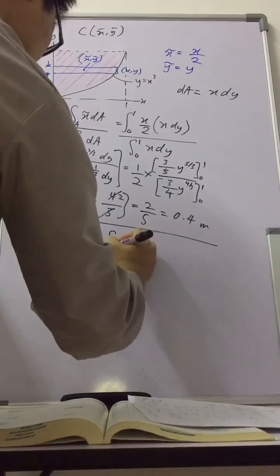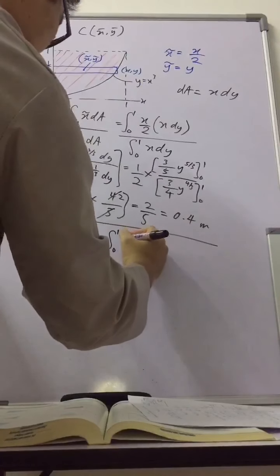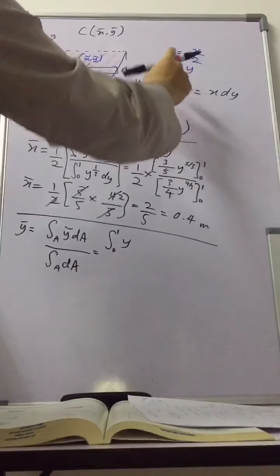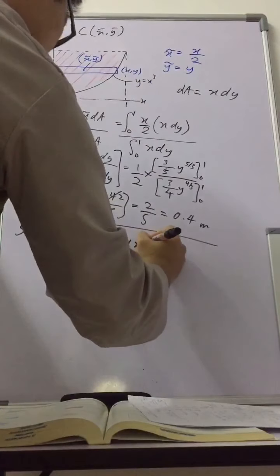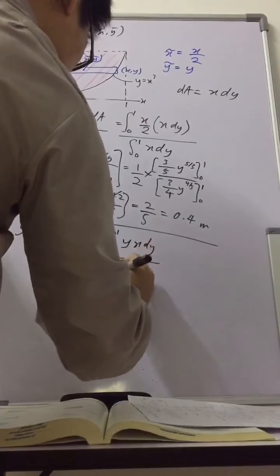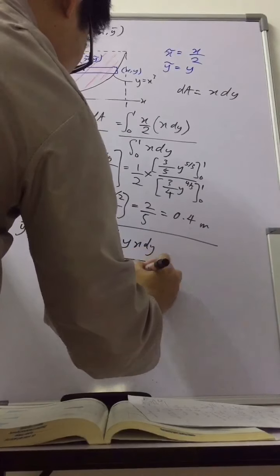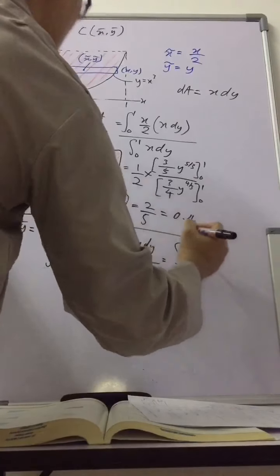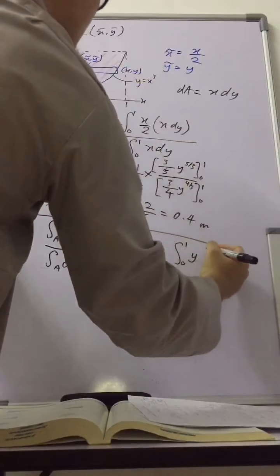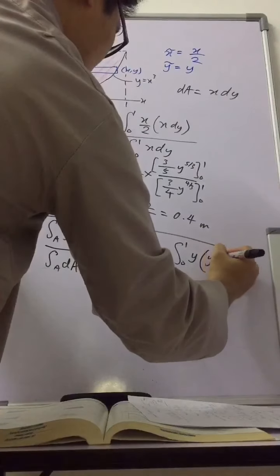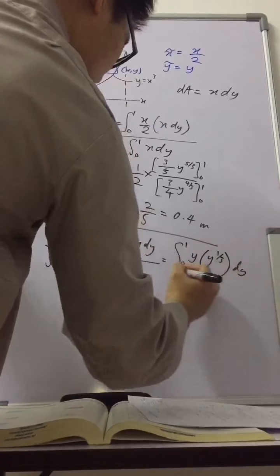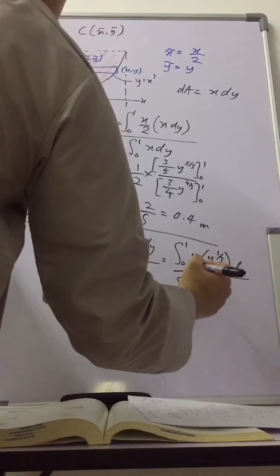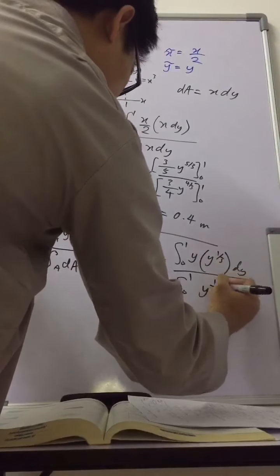So integration from 0 to 1, x dy, and x is y to the power of 1 over 3. Dy, integration over 0 to 1.